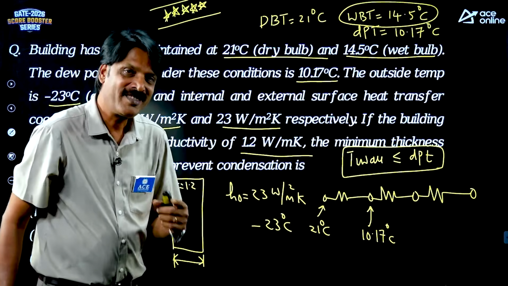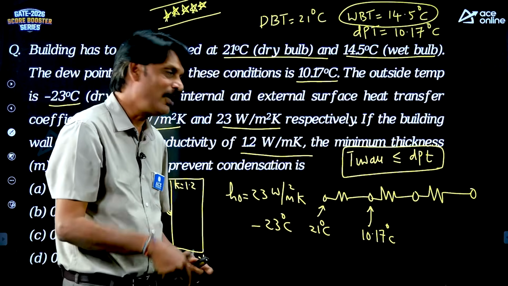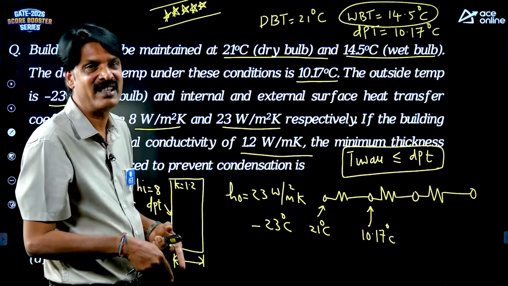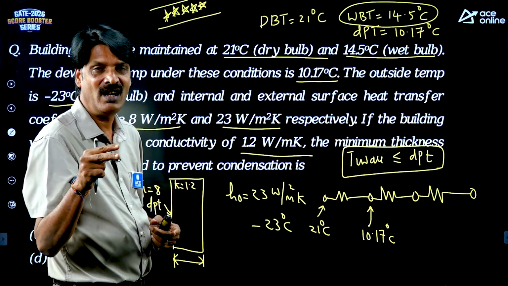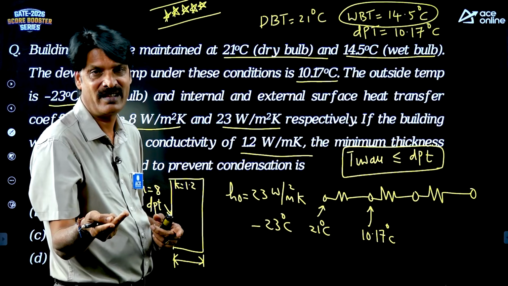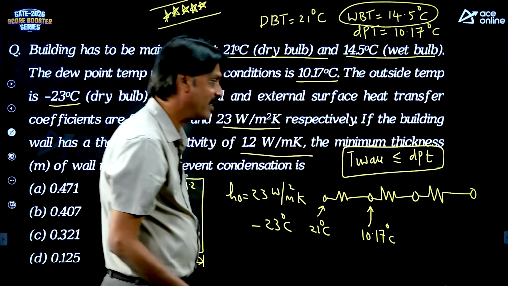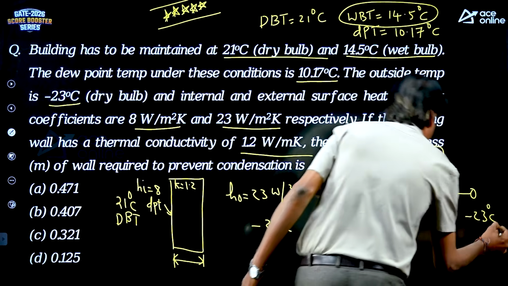The person who has set this particular question is expecting that the student will try to use wet bulb temperature here, since there is condensation. Condensation will occur when temperature reaches dew point. So, this is the minimum temperature, 10.17, and then outside is minus 23.